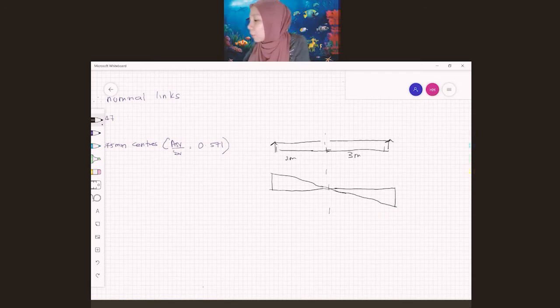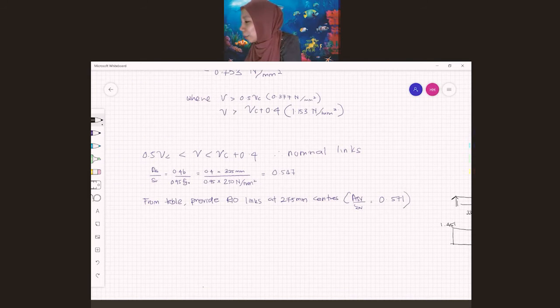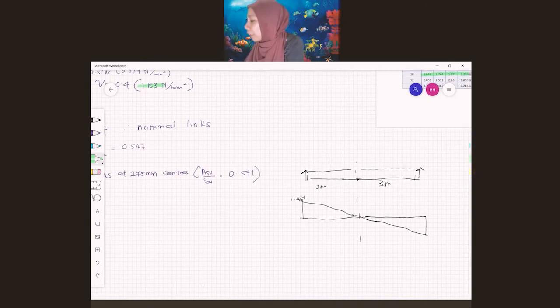So we put 1.451 here. Maafkan saya. Okay, and we know the value of VC plus 0.4. It is 1.153.